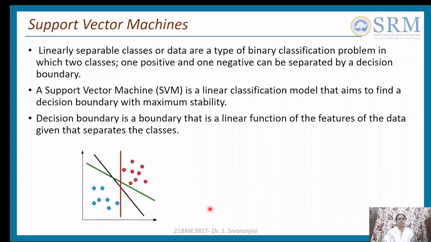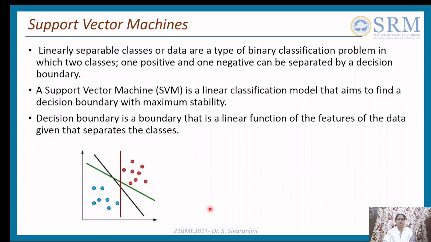Support vector machines classify linearly separable data, a type of binary classification problem in which two classes, one positive and one negative, can be separated by a decision boundary. An SVM is also a linear classification model that aims to find a decision boundary with maximum stability.